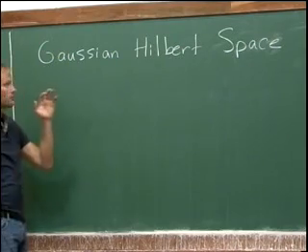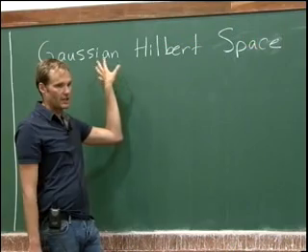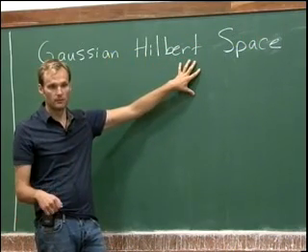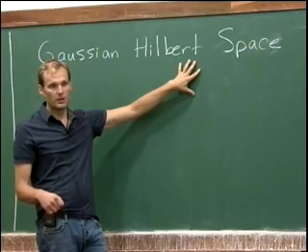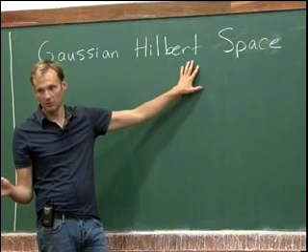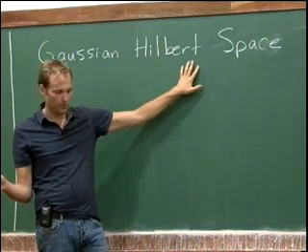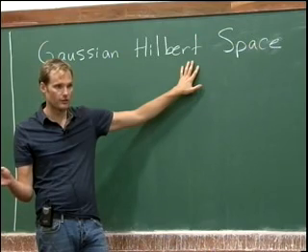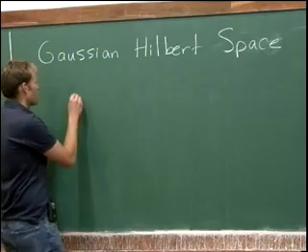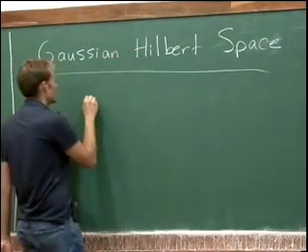What makes it a Gaussian Hilbert space is that to each element of the Hilbert space, you associate a normal random variable. And then you have this big collection of normal random variables indexed by the elements of the Hilbert space. And the covariance structure of the Gaussian random variables is given by the inner product of the Hilbert space.